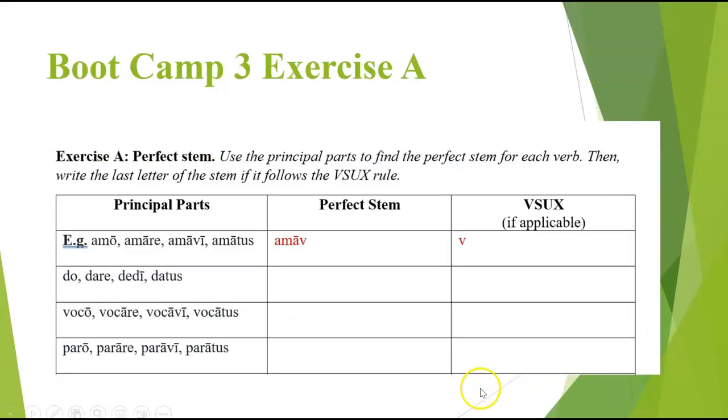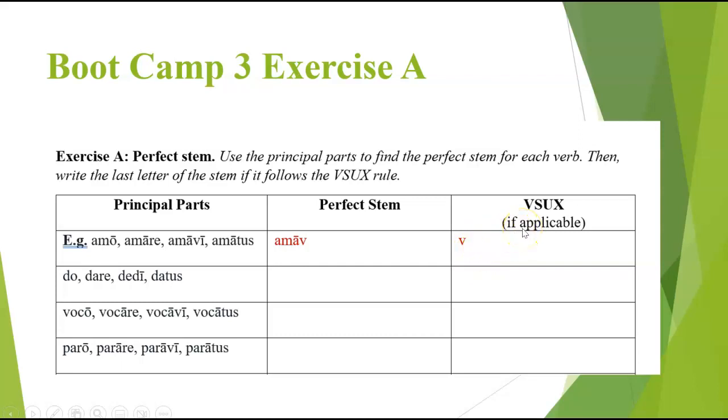So the first thing you're going to do in your boot camp is practice finding perfect stems. And I want you also to write if the end of the stem is V, S, U, or X, in this column.